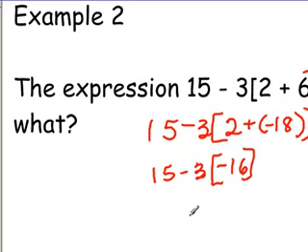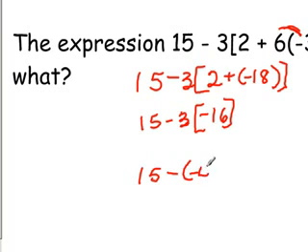Please excuse my dear Aunt Sally. I've taken care of parentheses. This now is a multiplication problem. 15 minus 3 times negative 16. 3 times 16 is 48, and since it's negative, it's a negative 48.